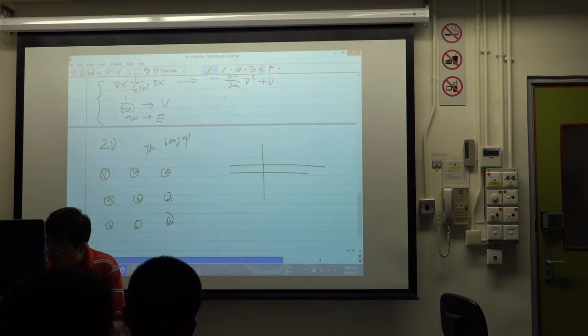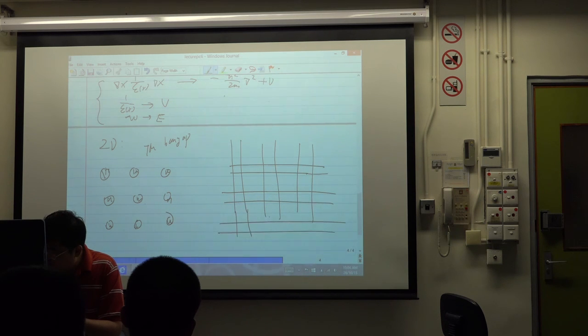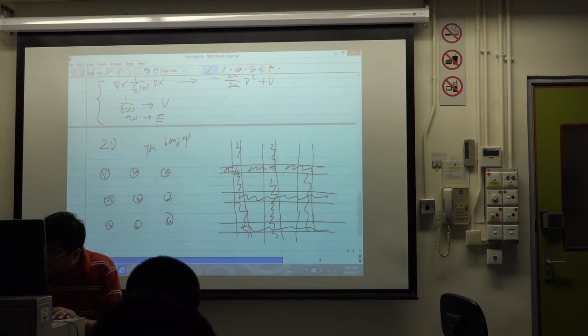If I do the connection, something like this, that's the connection. Okay, they have a TE band gap.